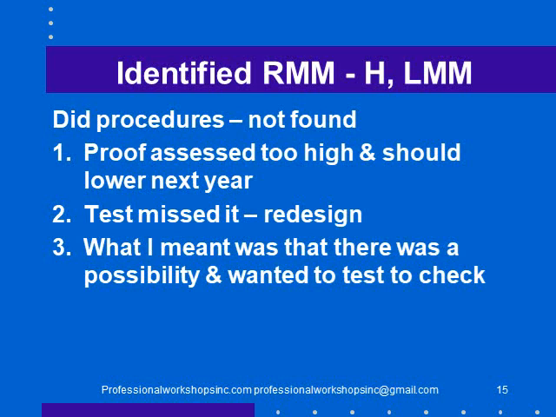It wasn't there. And next year, we should reduce it. So if we thought material misstatement was likely, we should change our mind next year and say that it wasn't. Second thing we might think is, well, did we miss it? Did we think it was likely and we tested for it and we didn't find it and it was there and we missed it? Should we redesign our procedure this year or next year?